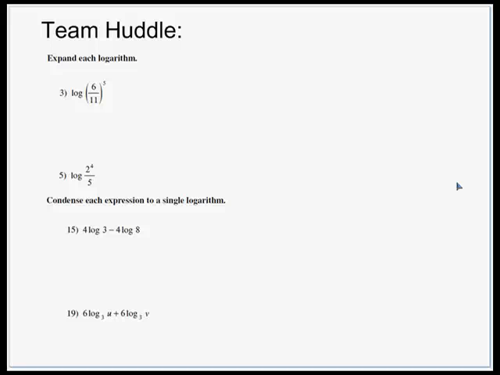And the last one. This looks a lot like what we did up here, but it's a plus. And, well, let's go back to number 15 for a minute. We could have done it this way also. The first thing we could have done is factor out the 4. Pull the 4 out, and we're left with the log of 3 minus the log of 8.